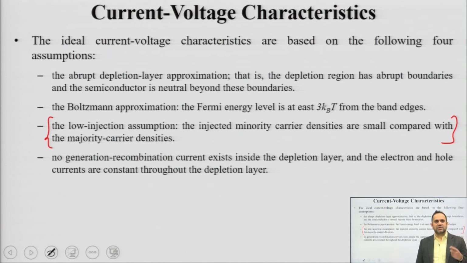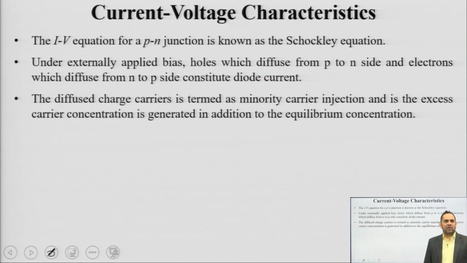So, for us there is no generation and recombination inside the depletion region. You are just injecting holes from P to N, electrons are being injected from N to P. Using these assumptions, we now proceed further and now we want the IV equation for a p-n junction.